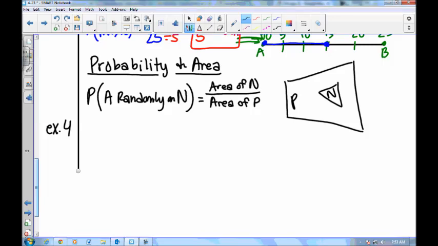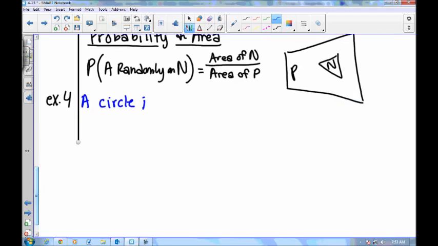So on our example 4, even though it's two-dimensional now, it will apply the same idea of partial divided by total. Okay, a circle is inscribed in a square. Now, I briefly threw out the word inscribed last time in our notes. Circumscribed would be outside the shape, touching the shape only at the vertices. Inscribed would mean it would be where?